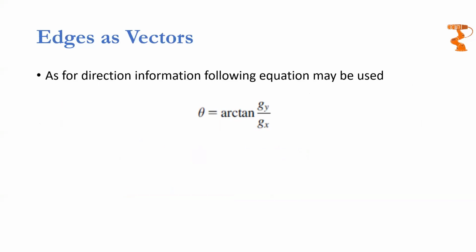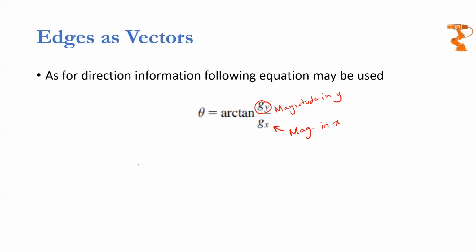So tan of direction y divided by direction x, that is the magnitude in y direction divided by the magnitude in x. So you can use these two magnitudes, use an arctan function, and figure out the direction of the line.